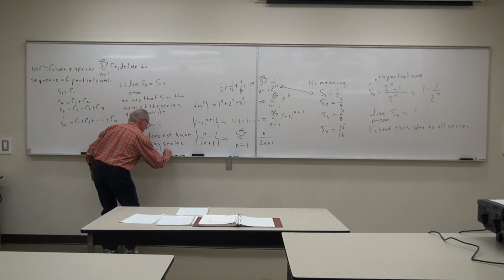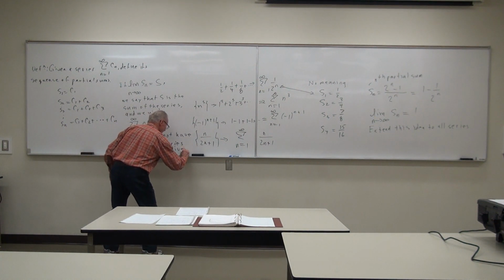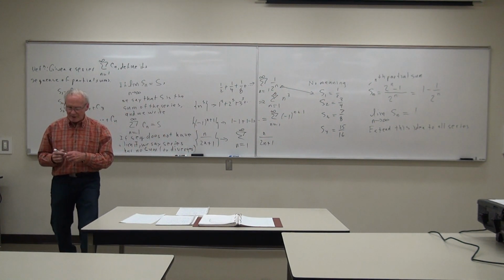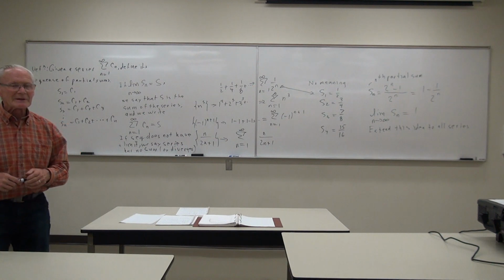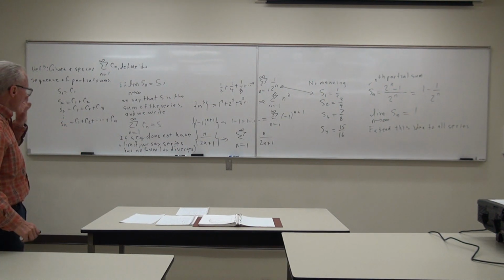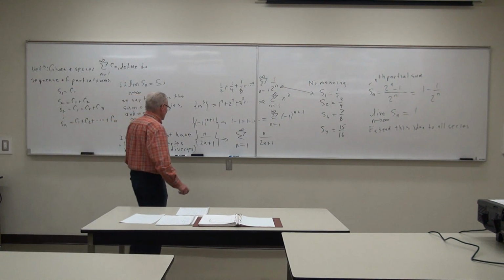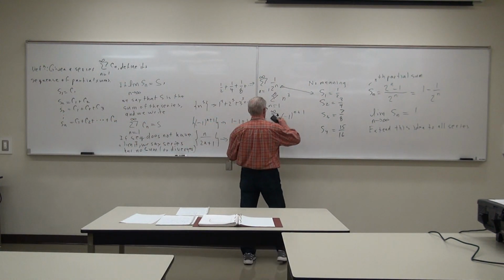Or we also say that it diverges. Just like we said, when a sequence doesn't have a limit, we say that the sequence diverges. So talking about infinite series is talking about its sequence of partial sums.